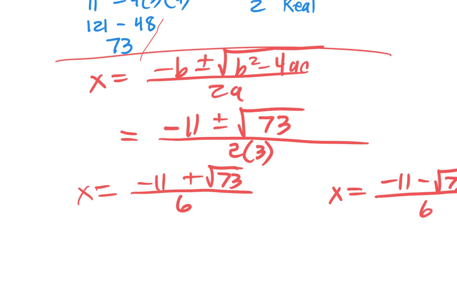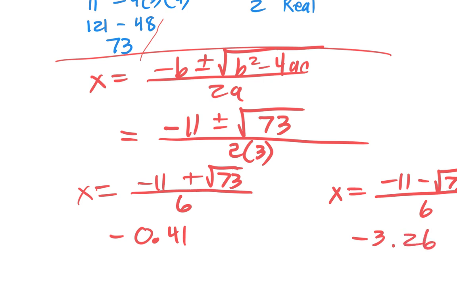And if I do that, these are technically your answers. But if I were to calculate negative 11 plus square root of 73 over 6, I would actually get negative 0.41. I rounded to 2 decimal places. If I put the negative 11 minus square root of 73 over 6, I would end up with negative 3.26.